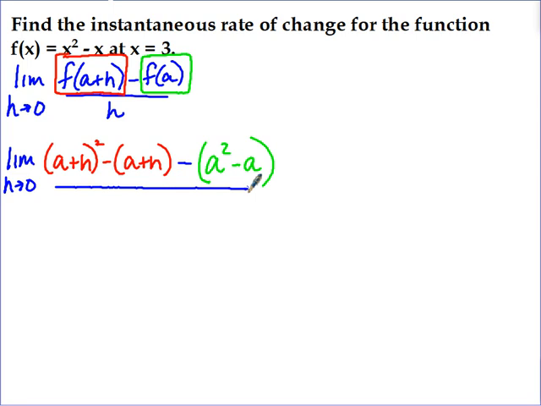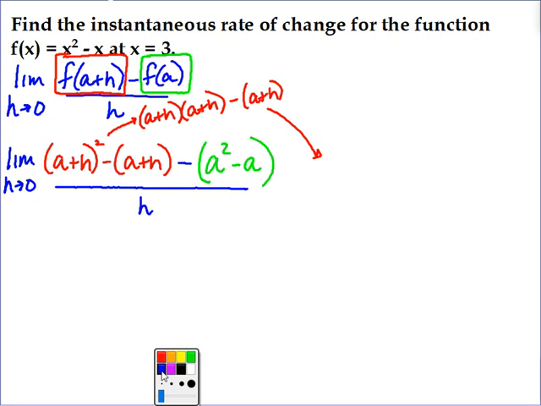So now I have to FOIL again. So I'm going to have a plus h times a plus h. And then I'm also going to have to distribute that negative. So what I'm left with is, and I hope I don't run out of room here, I'm going to have a squared plus 2ah plus h squared minus a minus h.